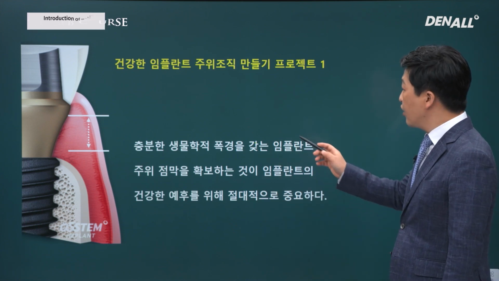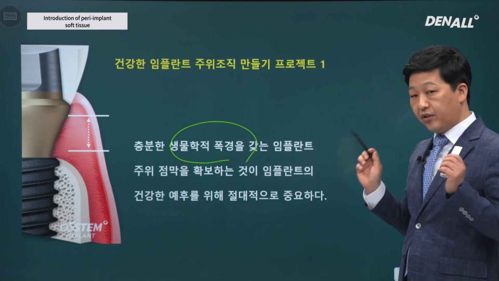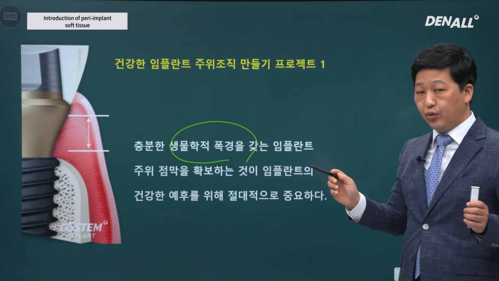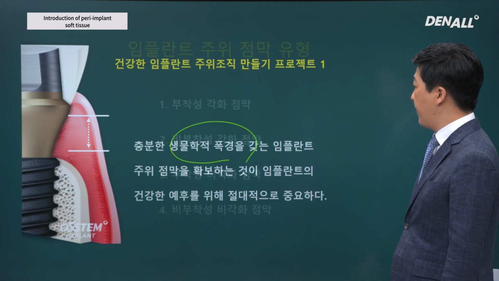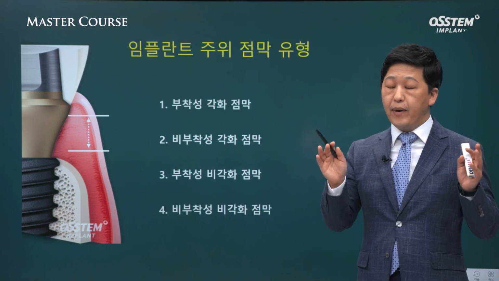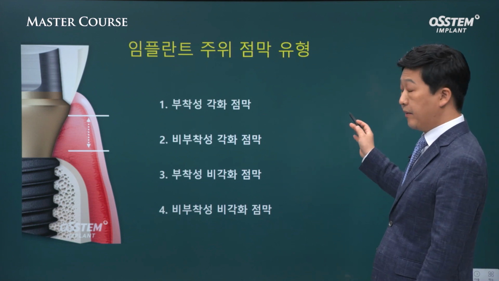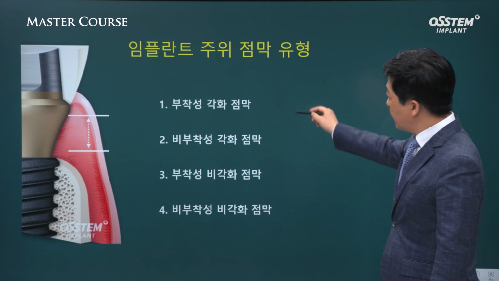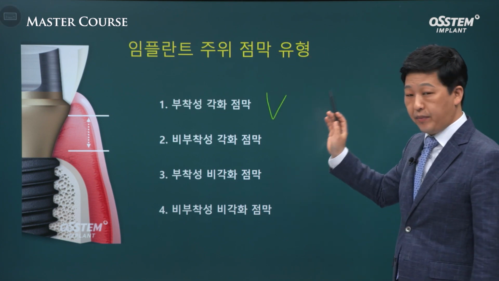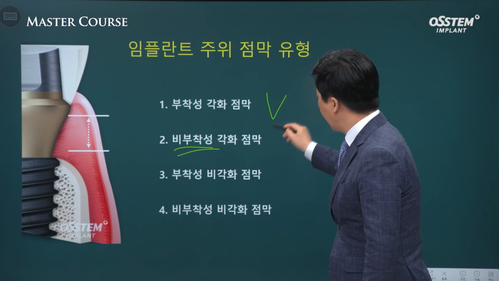To make healthy peri-implant tissue, first, sufficient biologic width needs to be secured. This is very important. Based on my experience, I've divided peri-implant mucosa into 4 different types. First is attached keratinized tissue. Second, non-attached keratinized tissue.